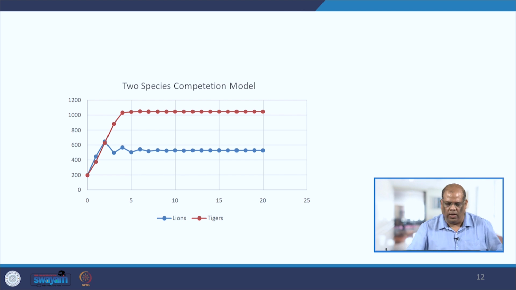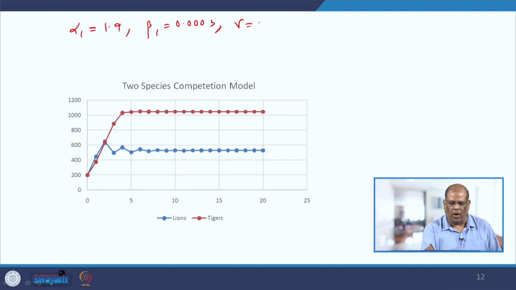We now look into the numerical solution that we just generated, and here the value of alpha 1 is 1.9, beta 1 is 0.0003, gamma 1 is 0.003, alpha 2 is equal to 1.1, beta 2 is 0.0001, and gamma 2 is 0.001.